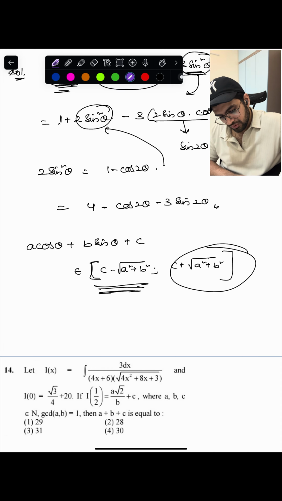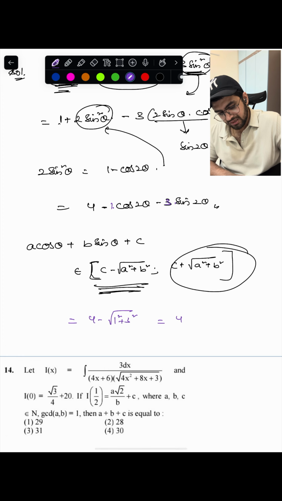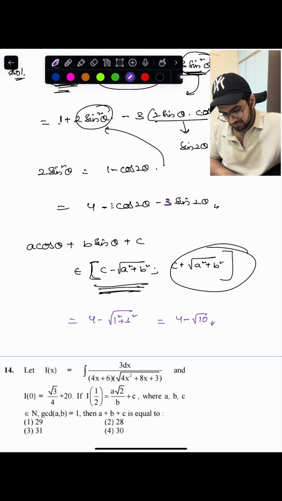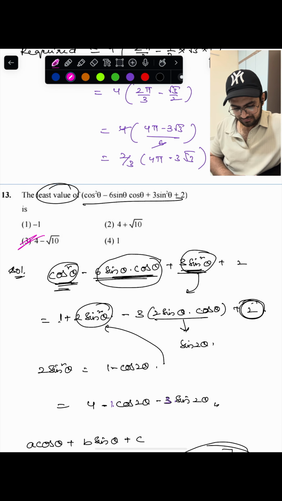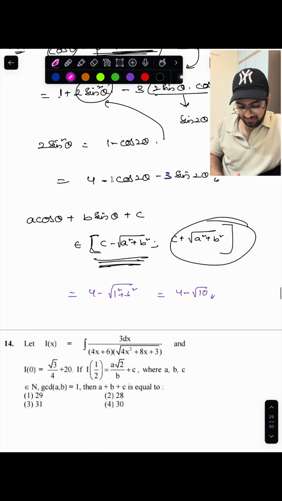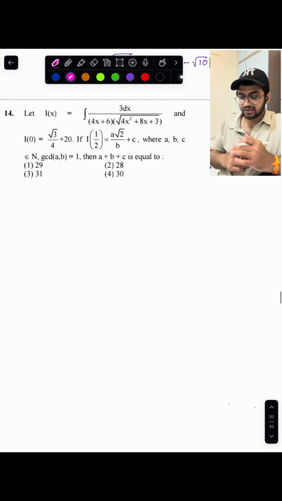So it is 4 minus root of a square plus b square, with a as 1 and b as 3, which is 4 minus root 10. So the answer must be 4 minus root 10. Simple question, done. Let's move to another question, the 14th question.